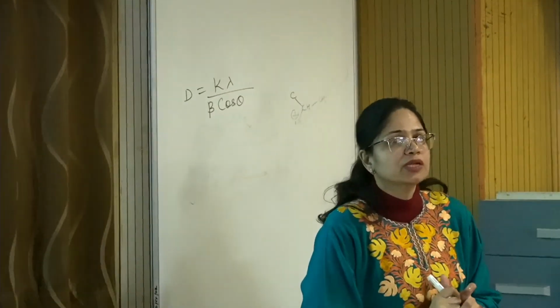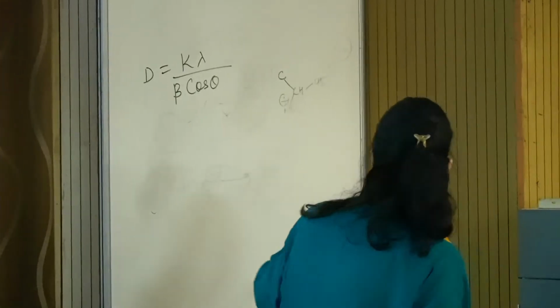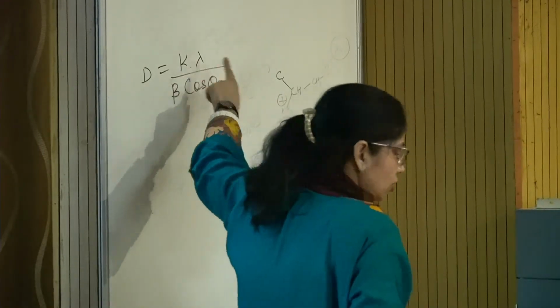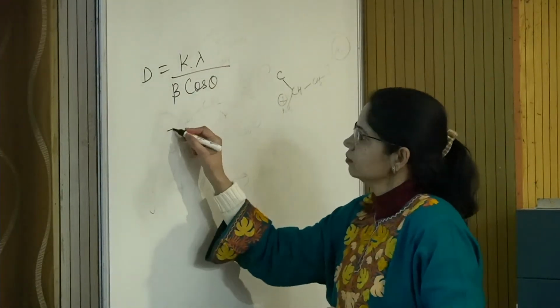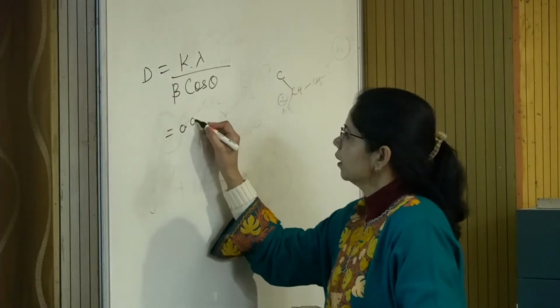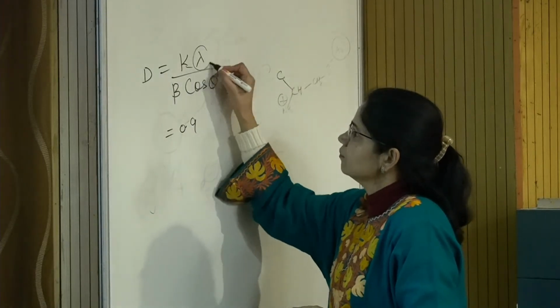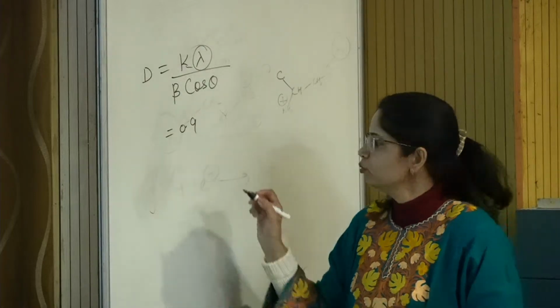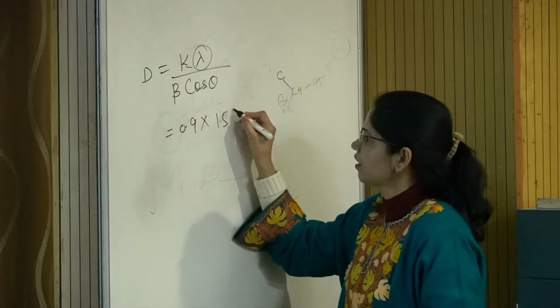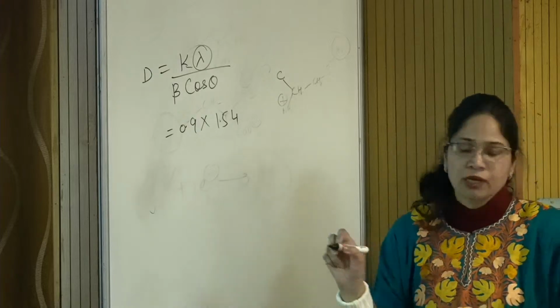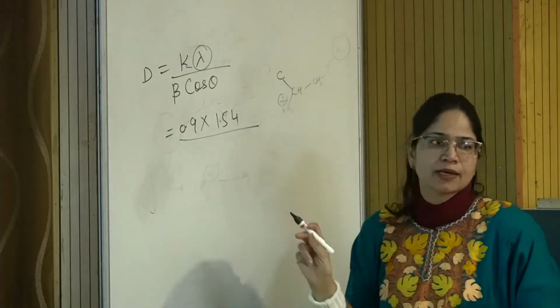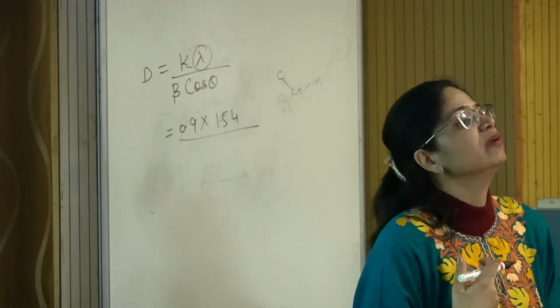You can find out the size through the Debye-Scherrer equation. K is the constant, the Scherrer constant, the value is 0.9. Lambda is the wavelength of the target. Normally we use copper, 1.54 Angstrom is the value. Copper is normally used as a target, but if you change the target, the wavelength can change.